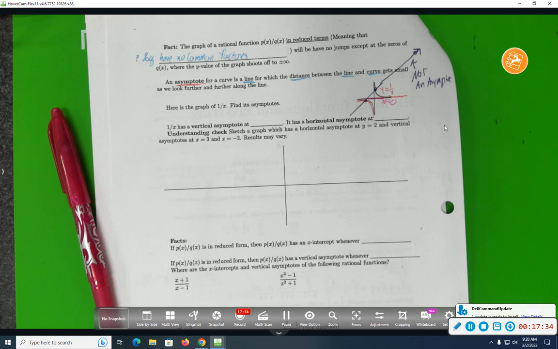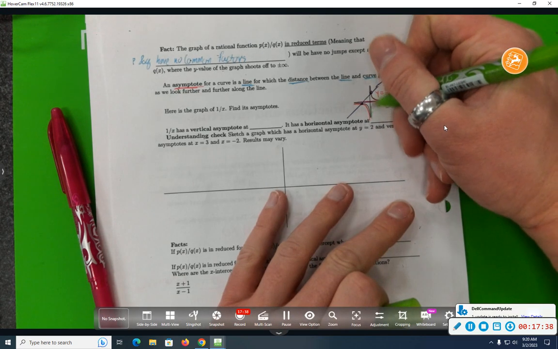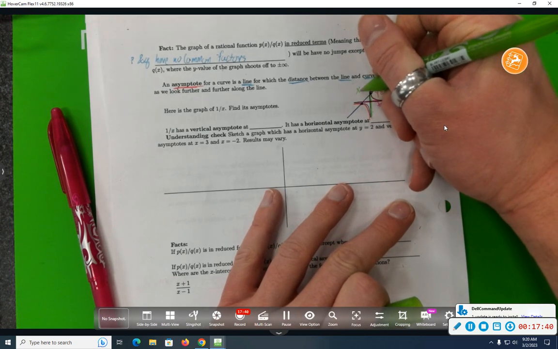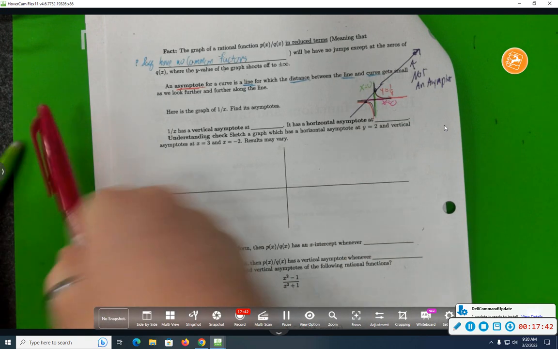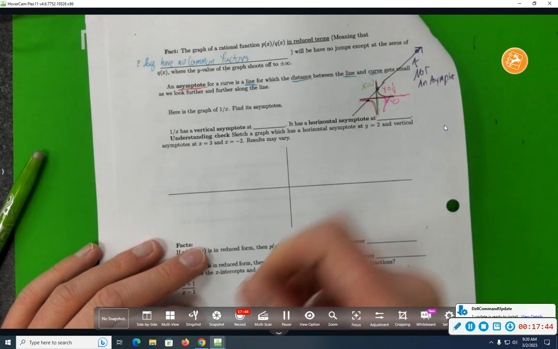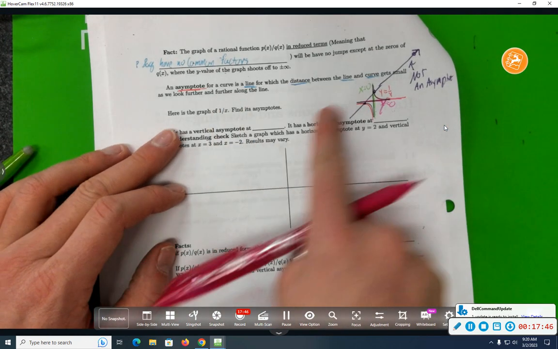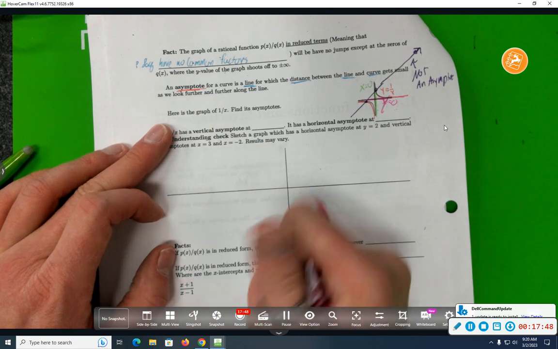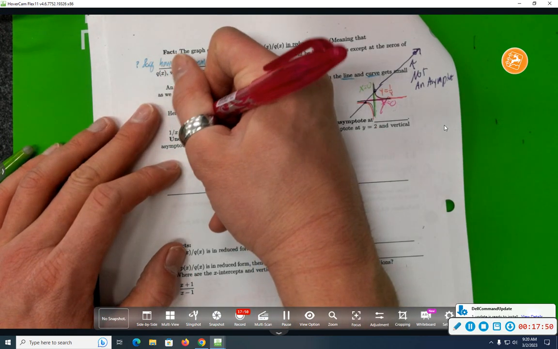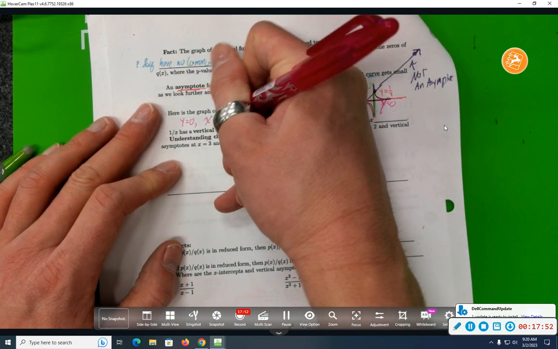And you said also y equals 0. The other one is x equals 0. So, here's the graph of 1 over x, find its asymptotes. It appears to be y equals 0 and x equals 0.